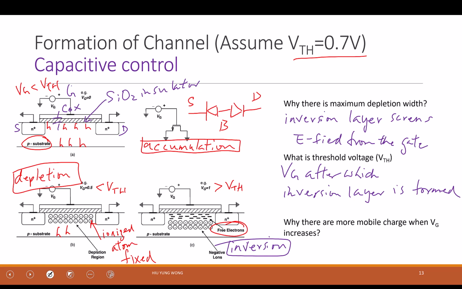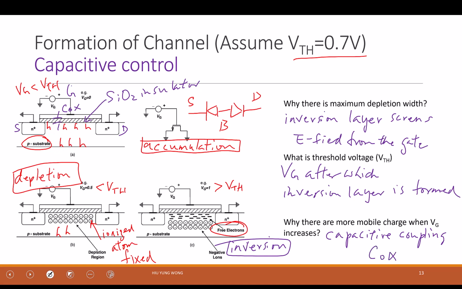Okay, and another thing I want to reinforce is why we have more mobile charge when the VG keeps increasing. We already said that it is because of the electric field, right? But basically, this is just due to the capacitive coupling. This is just a very simple problem that we have a capacitor, Cox, there.